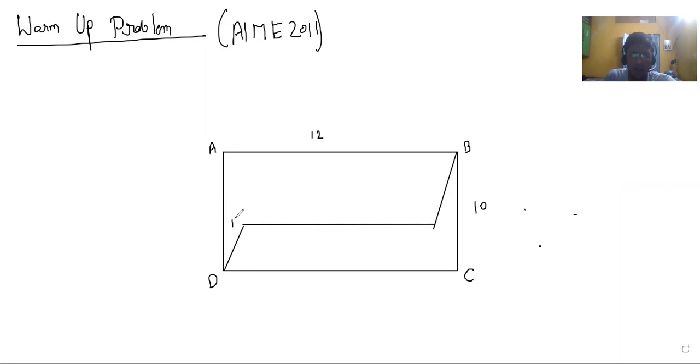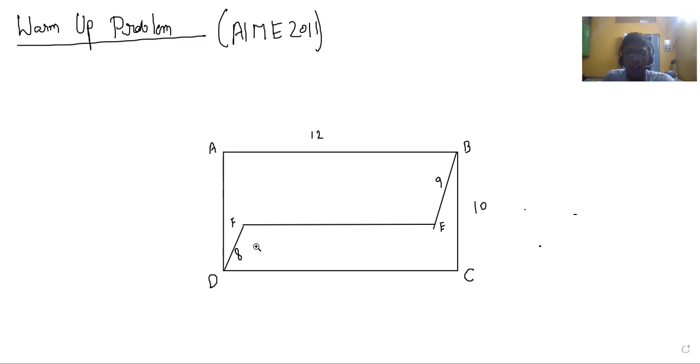So this is DF, this is BE. What looks parallel is parallel. BE is 9 and DF is 8.